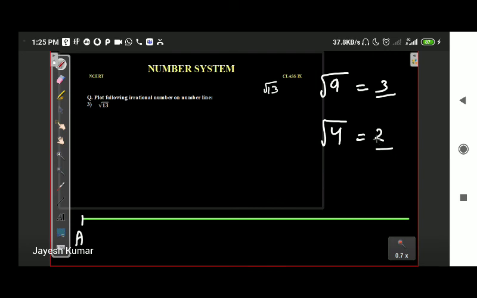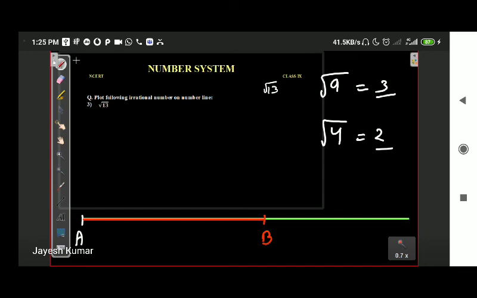You can change the values; you can take the base as 2 centimeter and the height as 3 centimeter, up to you. I am taking the base as 3 centimeter, and I will mark it point B.